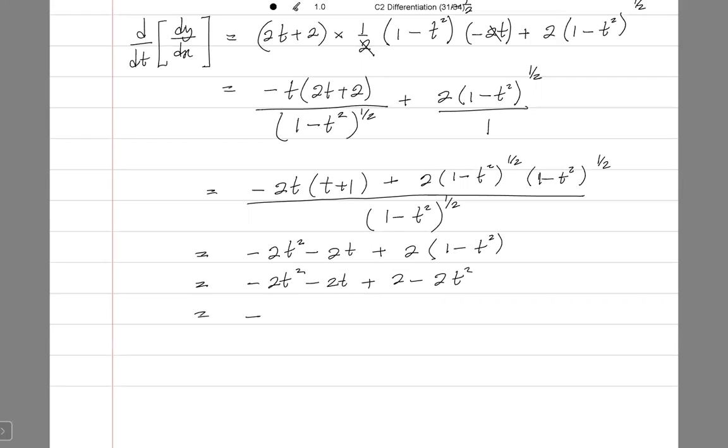So this is minus 4t squared minus 2t plus 2. Factor out minus 2. We end up with 2t squared plus t minus 1. But this is supposed to be all over 1 minus t squared raised to the 1/2 power.